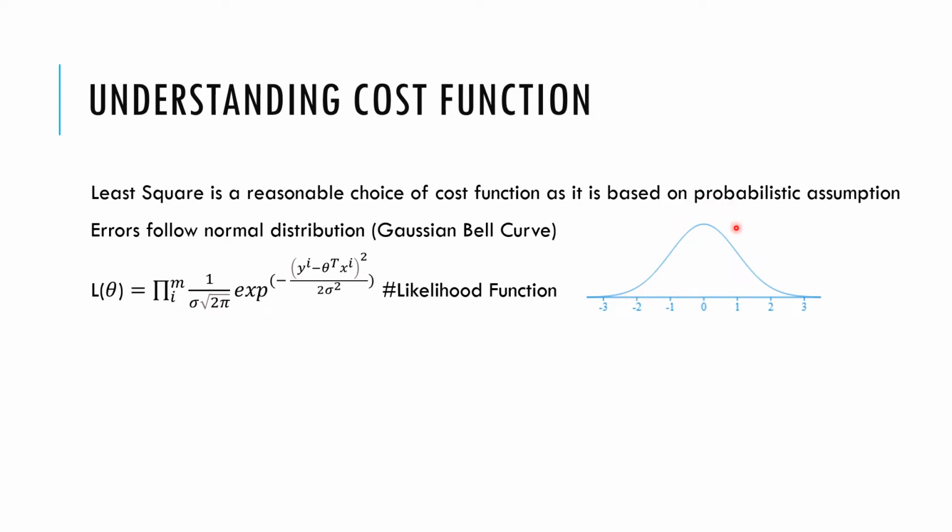So we want to find out whether the bell curve should be like this, or like this, or even more flattened. We don't know. That is what we are trying to find, and that's what likelihood means. Now, as we have seen in the previous video, the equation of this normal curve is this: 1 by sigma, where sigma is your standard deviation, times the square root of 2 pi, times the exponential of minus, in the bracket, xi minus x bar whole square by 2 sigma square.